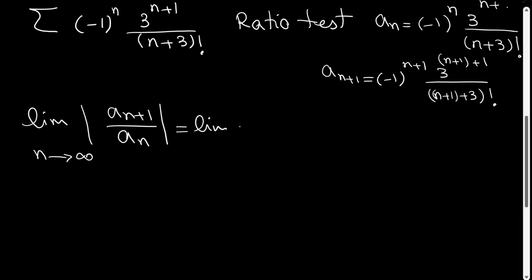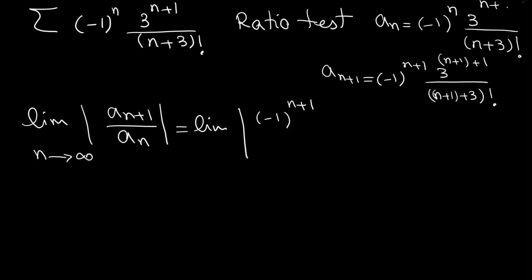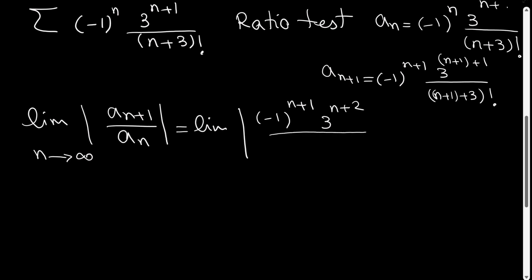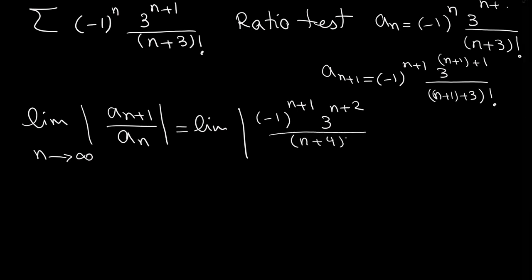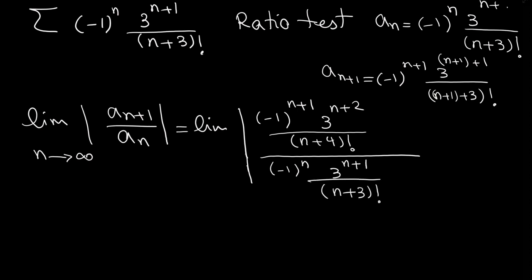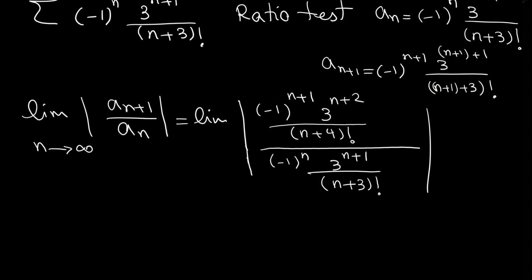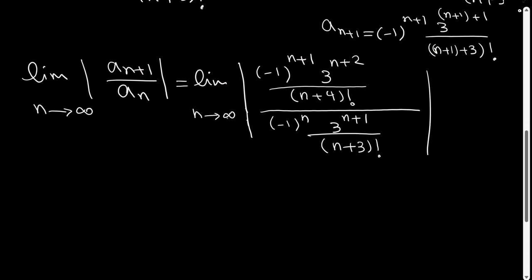So the limit of (-1)^(n+1) times 3^(n+2) over (n+4) factorial in the numerator as a_(n+1), and a_n is (-1)^n times 3^(n+1), denominator is (n+3) factorial, and n approaches infinity.